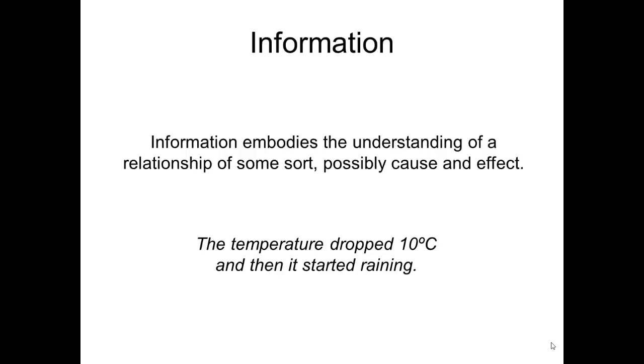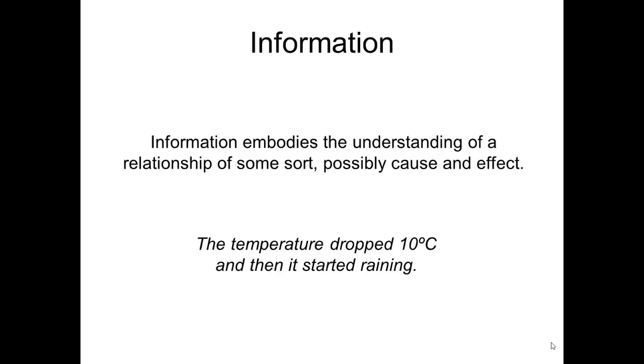Moving on to information, back up the hierarchy. Information, I'm defining as embodying the understanding of a relationship of some sort, possibly cause and effect. So in this case, we're taking data and putting it together to find some kind of trend or relationship that exists between items of data. Taking an example of rain, an example of information may be the temperature dropped 10 degrees C and then it started raining. So we're connecting a temperature with rain.